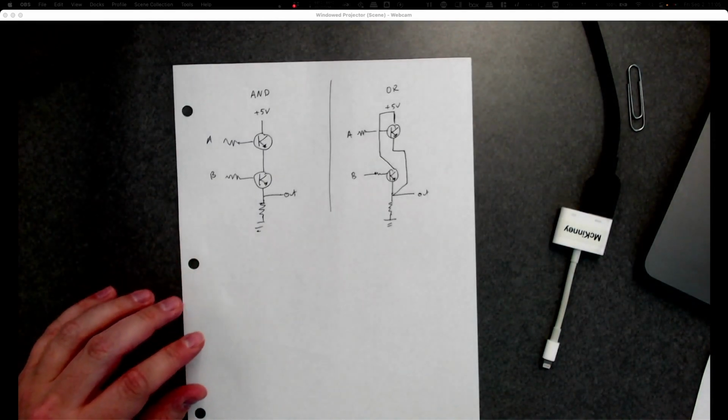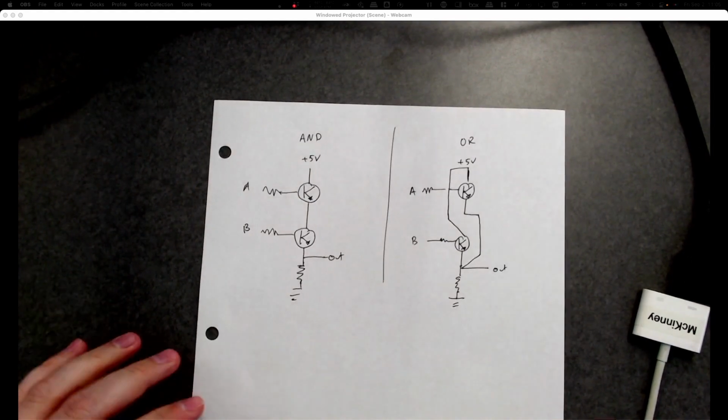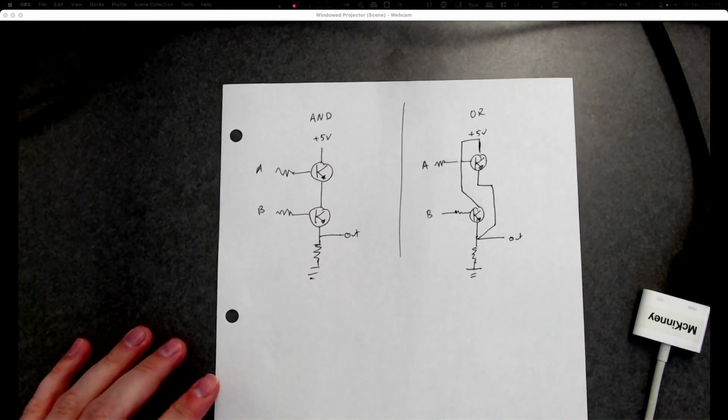Let me zoom in a little bit. Oop, sorry. Okay, so that's what we had last time, right?